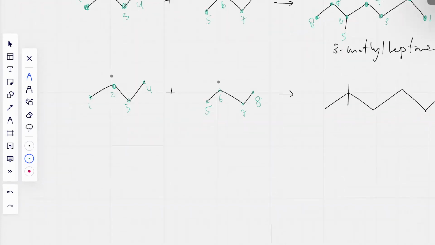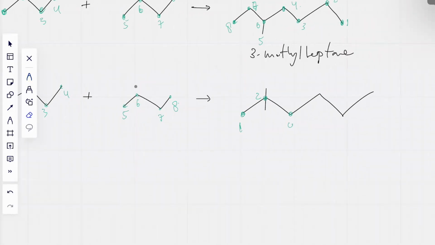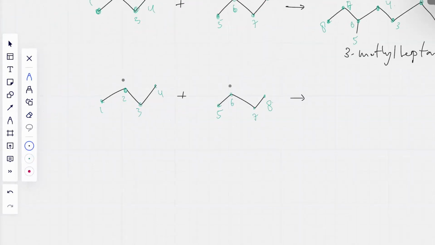Number 2 connects with number 6. No, it's wrong. You don't understand.